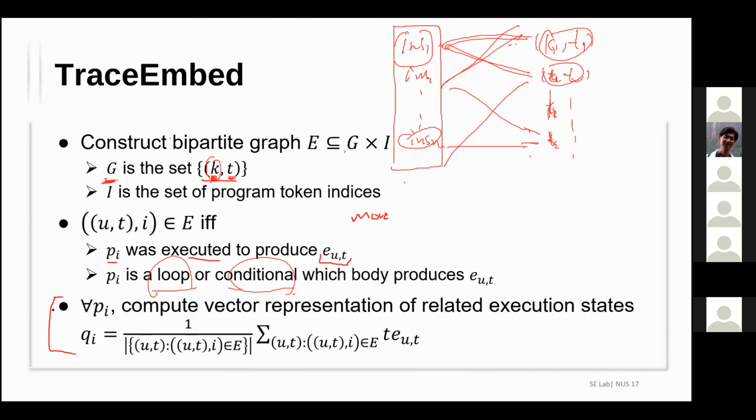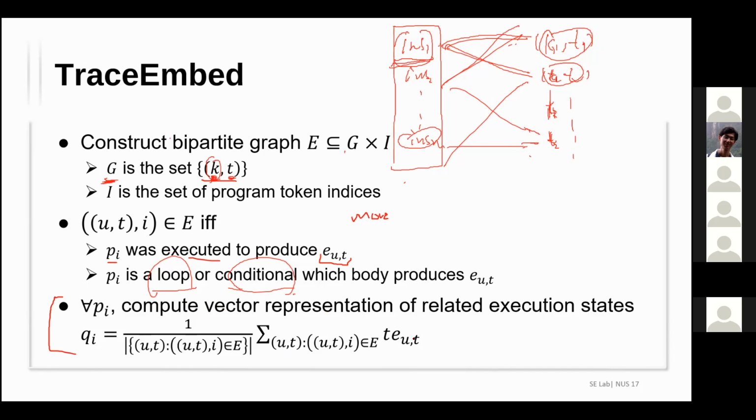So what happens in this part is, let's say I have a line, something like what you have here: instruction 1 is linked to 2 different execution traces. Then I'm just taking the average of the vectors of these 2 execution traces. Oh, so you mean that you embed each line as the average of the embeddings. Yes, correct.